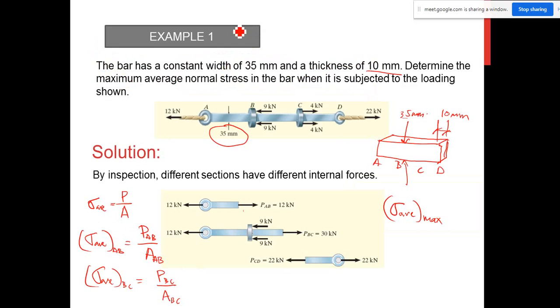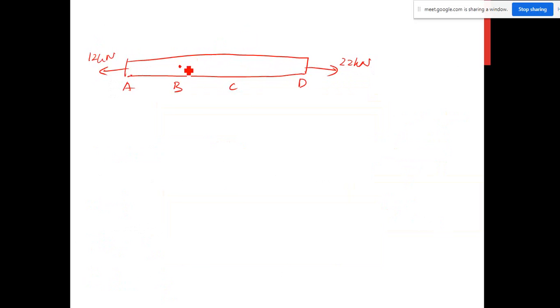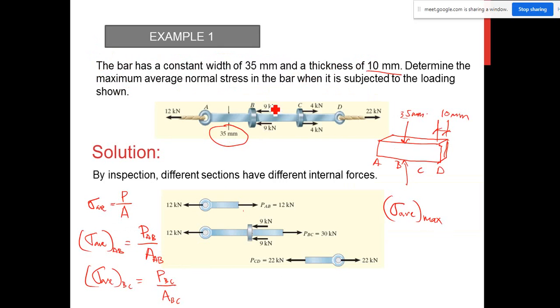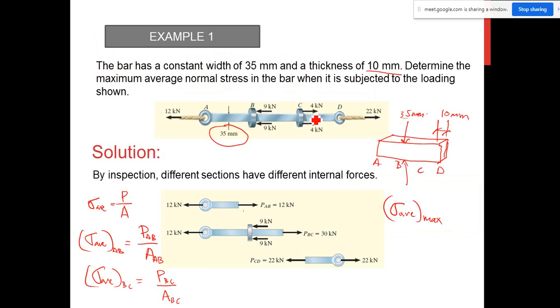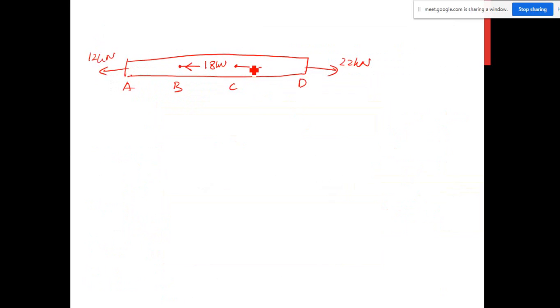At point B, I straight away represent it by 9 plus 9, which is 18 kilonewton. At point C, 4 plus 4, which is 8 kilonewton.